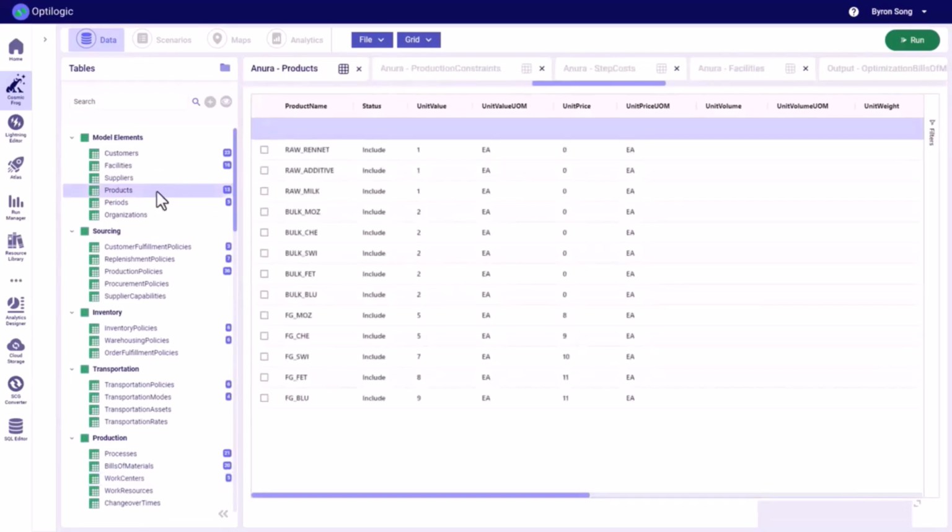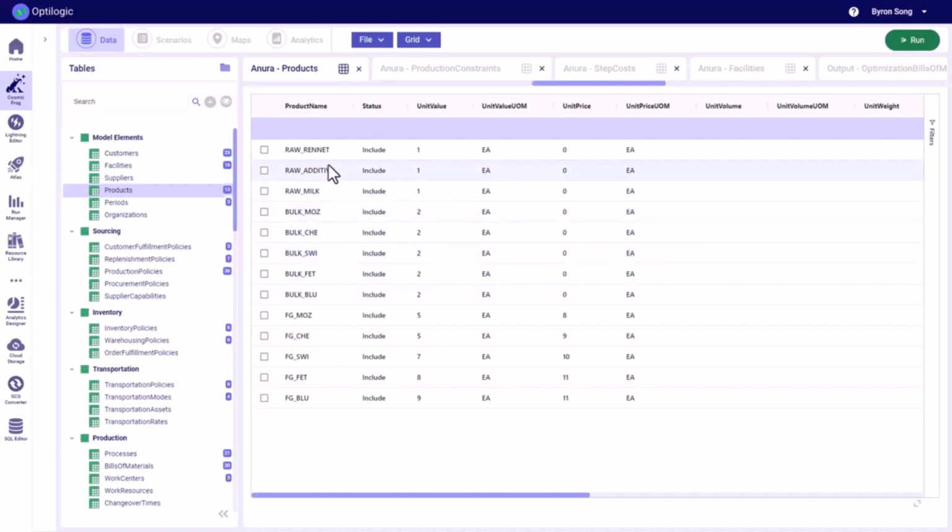The product table lists a unique list of all the products we're modeling, and some of them are finished goods. These are different types of cheese as our finished product. We also have the intermediate products. That's the bulk cheese and the raw materials that are used to make the bulk cheese.